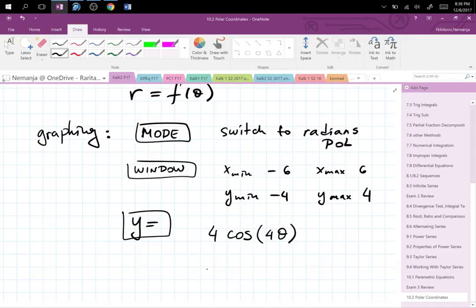You are used to your cosine function looking like a wave. But in the polar world, cosine function is a flower. You just saw that. So you don't have the sense for these functions. And having the calculator ready to graph and give you the visual of what you're dealing with, especially for the next section, is imperative. So this skill has to be there. You have to be able to graph and have to be able to visualize.